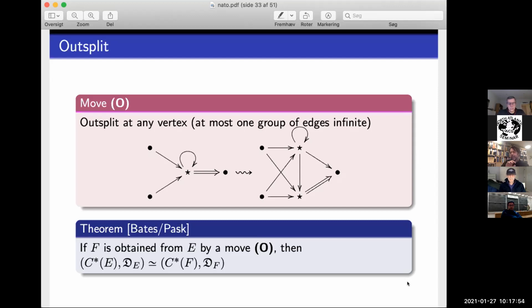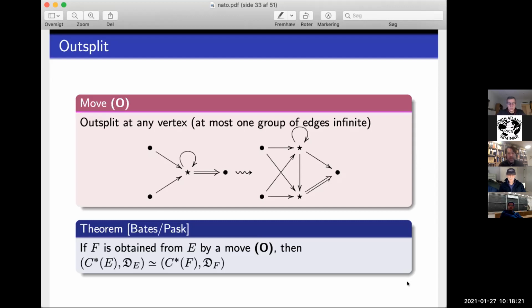From the infinitely many across, I take one and I take the loop and I put it on the top. And I take the infinitely many that are left and I put them at the bottom. And then I distribute the choice of my outgoing edges in this way. You can see I get this loop, which you have to deal with in a special way because you're also going to have to worry about what happens to the incoming edges.